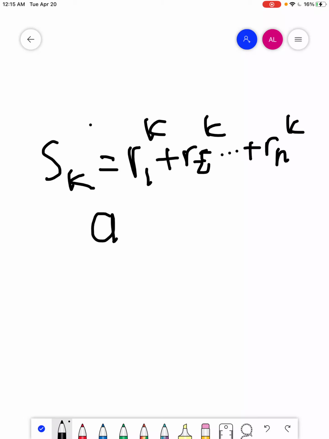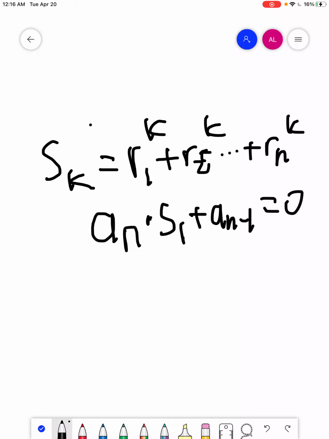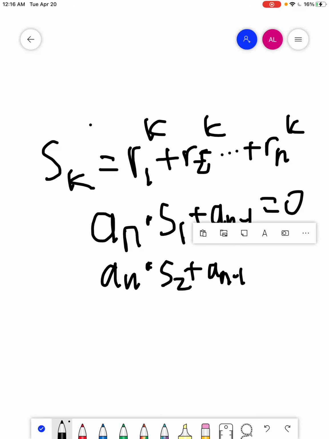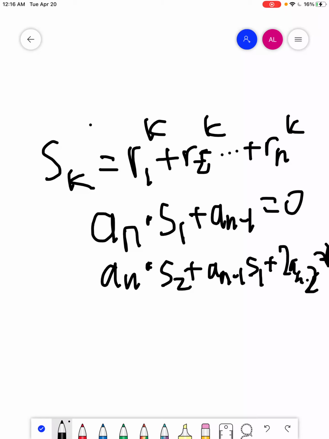Using the general form of the polynomial, an times s1 plus an minus 1 is equal to 0. An times s2 plus an minus 1 s1 plus 2 an minus 2 equals 0, and so forth.